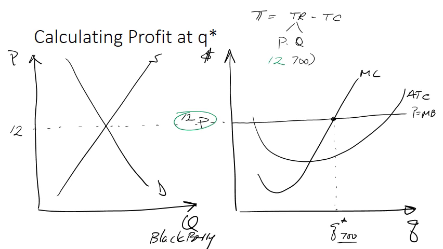We know that's our Q star. So we know then that this height multiplied by this base will give us the area of this green box right here. This green box is our total revenue.